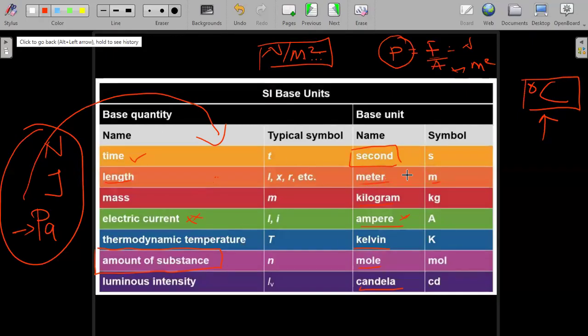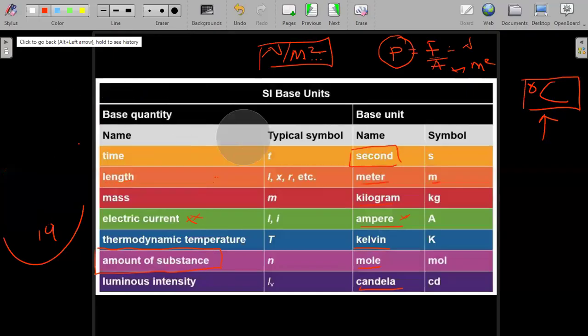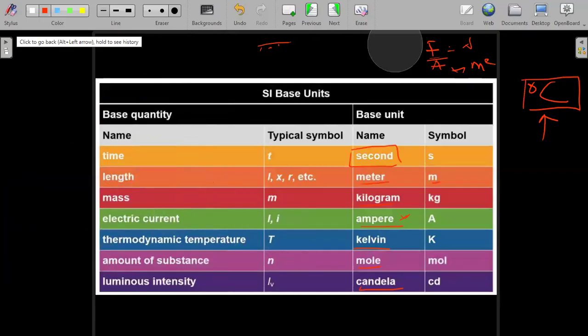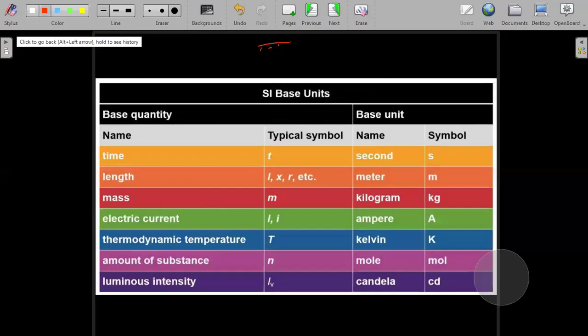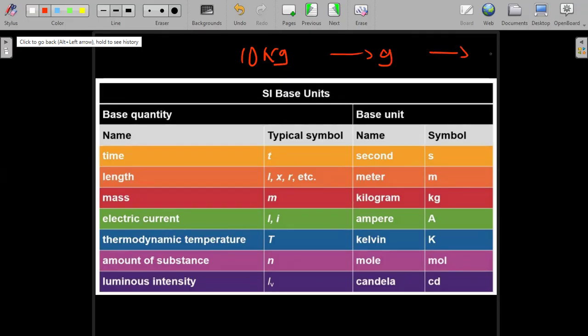All right, so I've talked about the basic fundamental units. For example, you can be given 10 kg, and you are asked to change this 10 kg to grams, or maybe to decigrams.